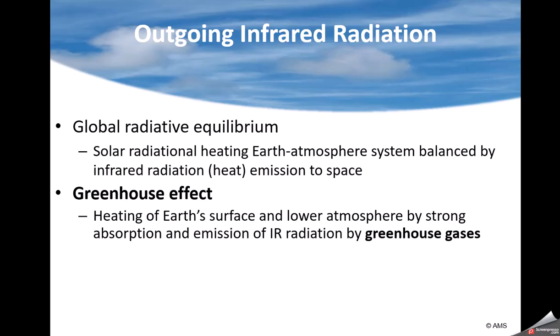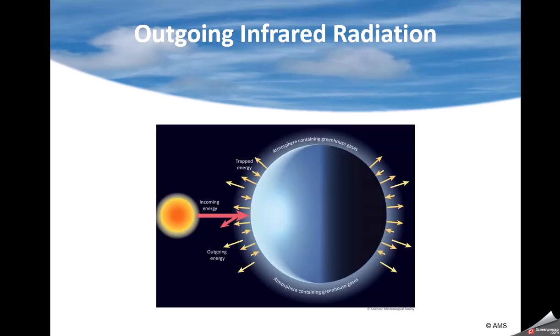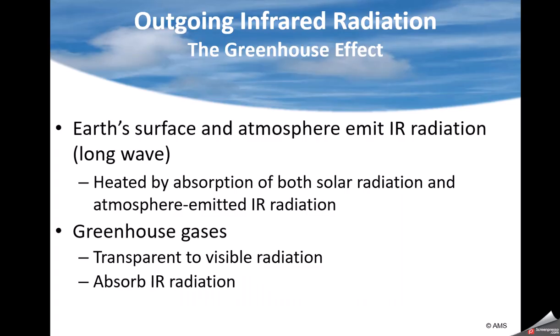These are called the greenhouse gases. And it's a good thing we have some. If we didn't have them, the temperature would be too cold, actually almost 20 to 30 degrees colder than it is now. So we want those. We just don't want too much of a good thing.